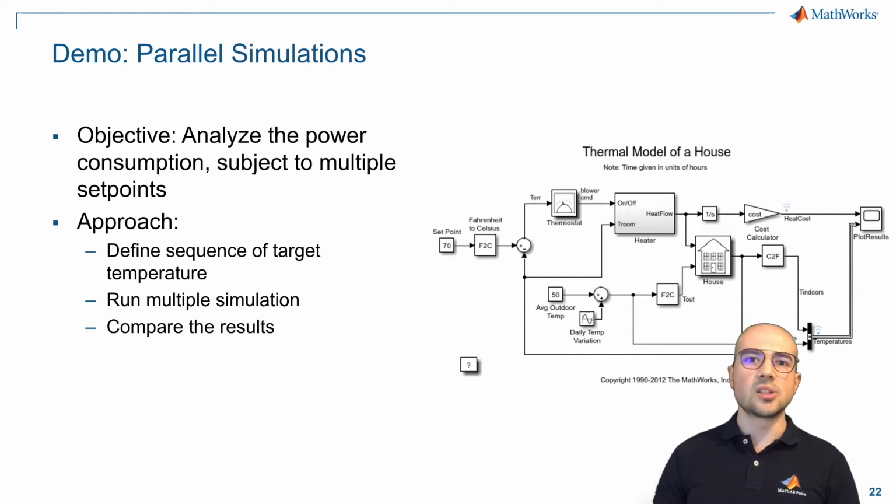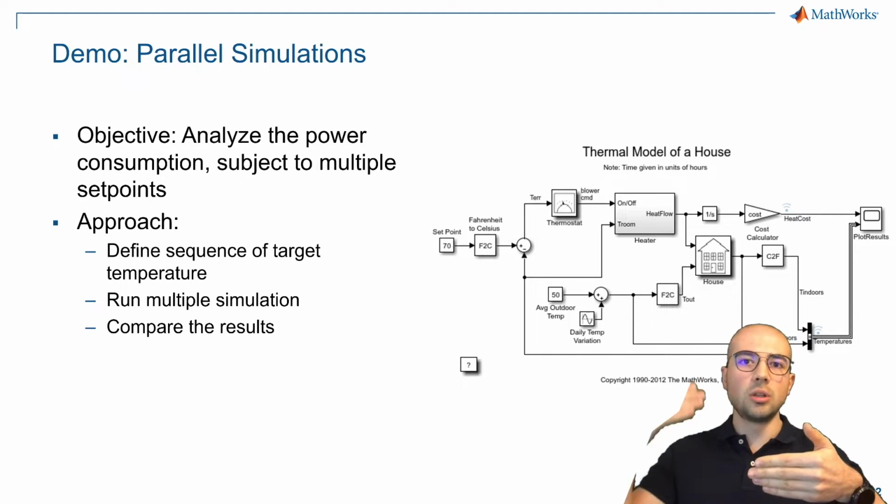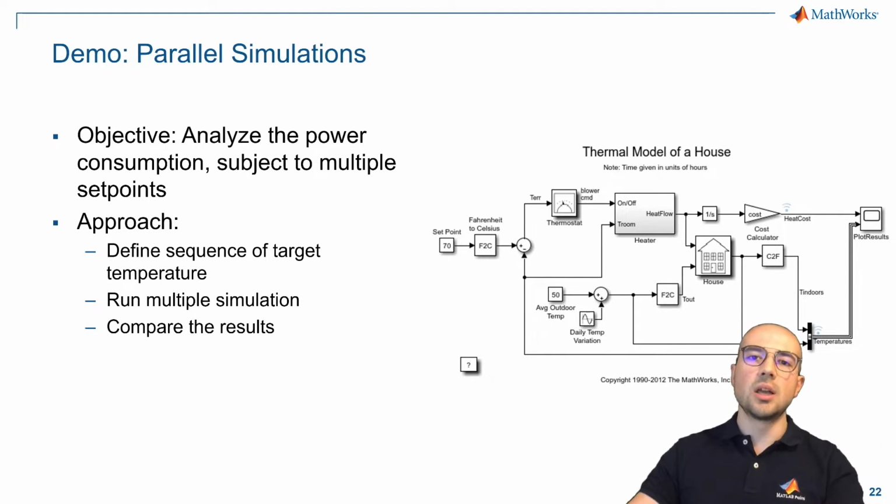We will set different values of the set point, so what you do with the knob on the thermostat of your home, and we will see the different responses of the thermal exchange of your house. Again, this is a simulation that mixes the capability of parallel computing and Simulink. So we will run multiple Simulink instances in parallel in order to see the response.